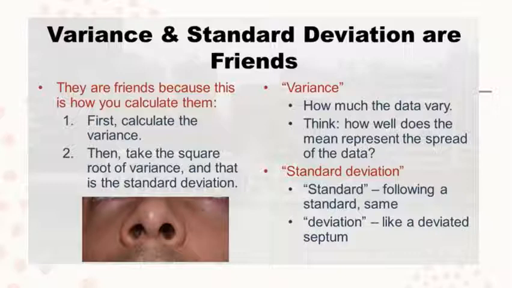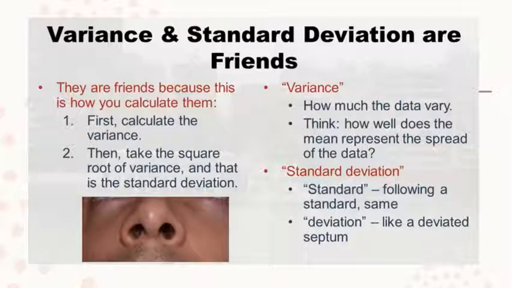So when you have a deviated septum, you can't really breathe properly. You sneeze weird, things like that. So this is kind of just bringing it standard, allowing your numbers to be more standardized so that we can understand them a little bit better.